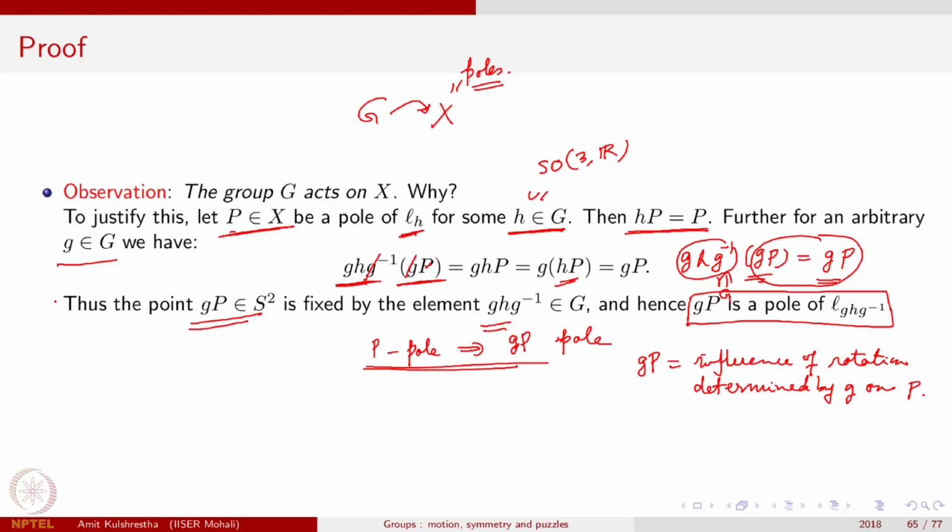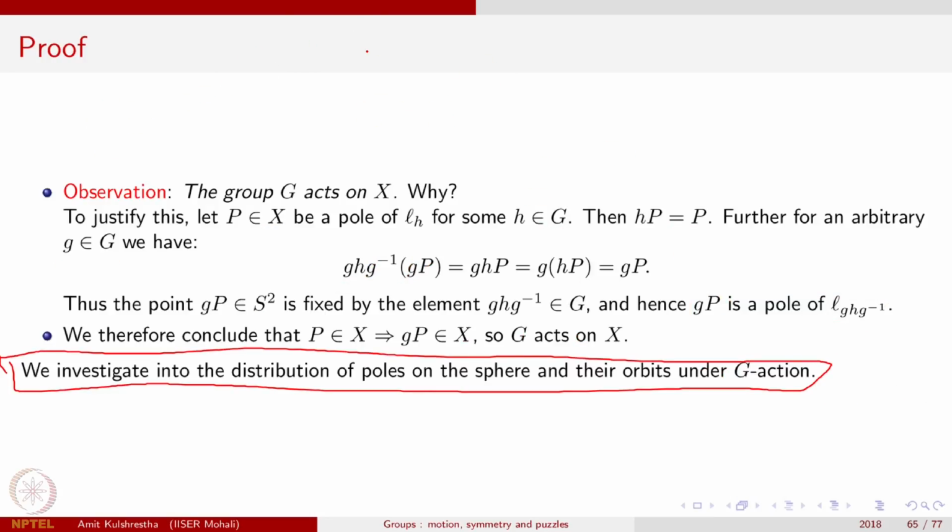So this was all about group action, and how group action is useful for understanding subgroups of SO3. The crucial thing has been the analysis of the distribution of poles on the sphere and their orbits under the G action. As you have seen throughout this course, group action is quite an important thing.